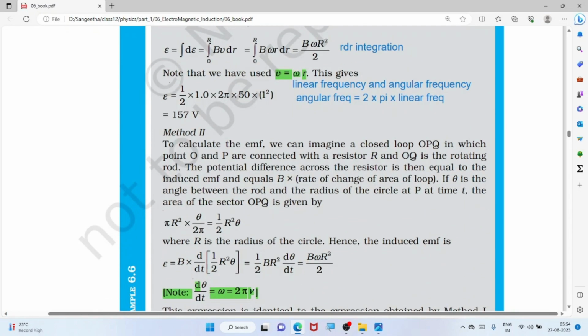EMF in the rotating rod. This is the angular velocity and the radius. Linear velocity equals angular velocity times the radius. The angular frequency is 2 pi times the linear frequency.